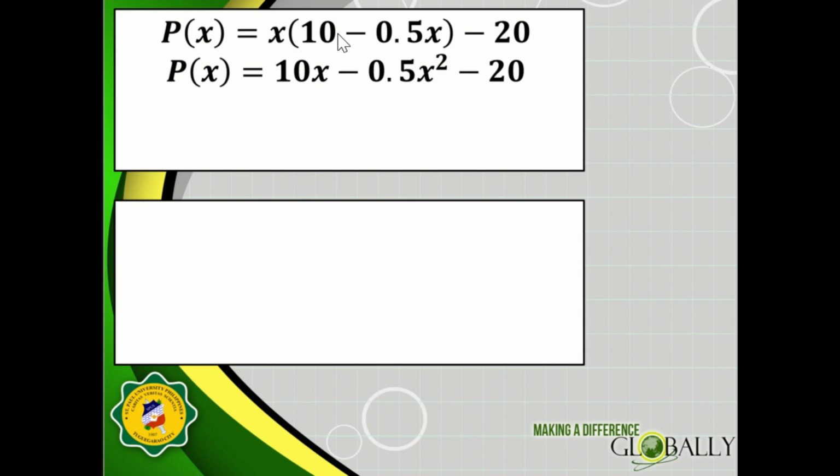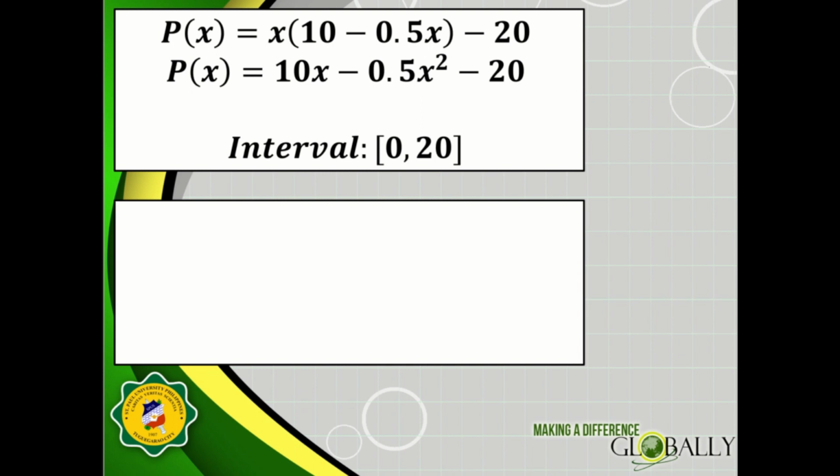Because Russell cannot have negative people in the van. And then the problem says that he can fit 20 people, so 20 is the upper bound. So we now have the interval 0 to 20.